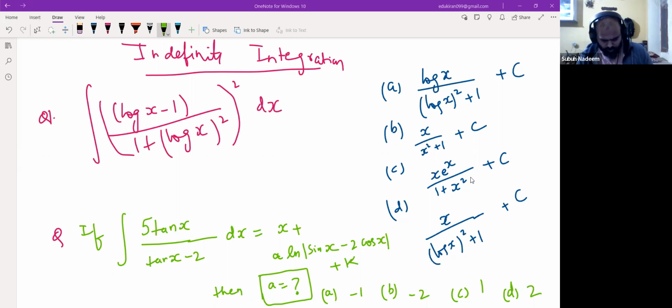So if log x is equal to t, then what will x be? If you are taking log x as t, what will x be?